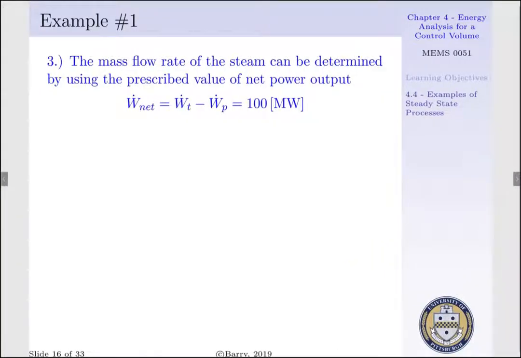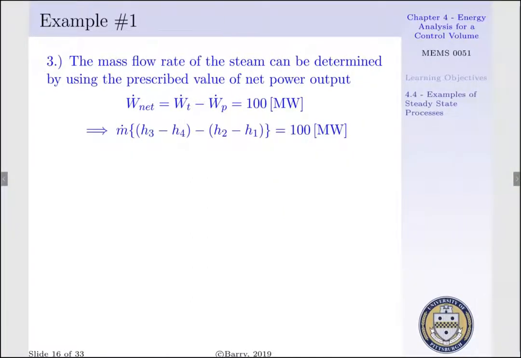Now, the mass flow rate of the steam can be found by using our net power output. Our net power output is the work of our turbine less our work of our pump, and this was equal to 100 megawatts. Now, the net work is our mass flow rate times the quantity h3 less h4, which is our turbine work, less h2 less h1, which is our pump work, and this has to be equal to 100 megawatts.